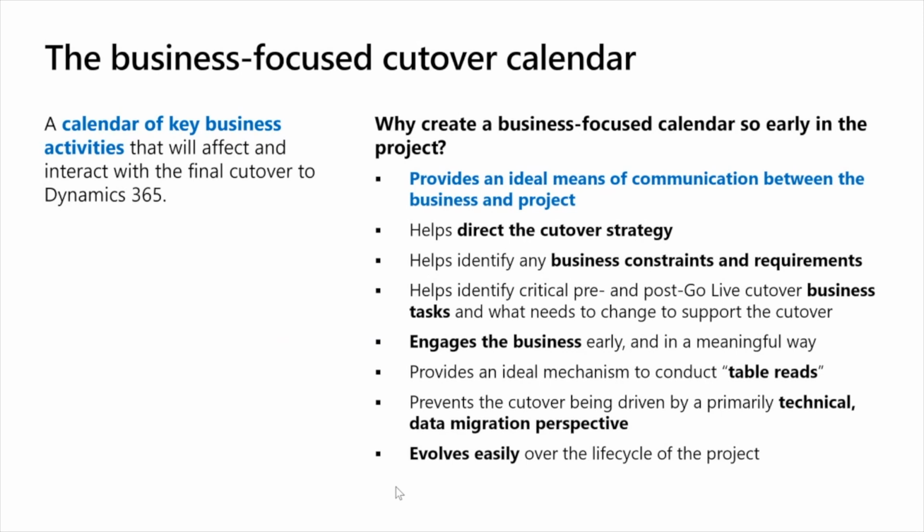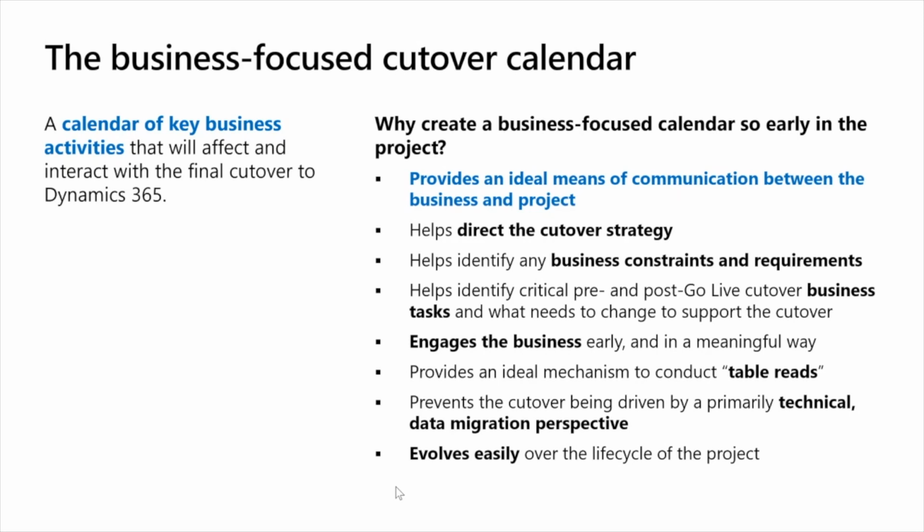It can help direct the cutover strategy because you're now starting to understand the constraints and the requirements within which that data, that final data migration, that final cutover needs to happen. It allows the project to talk about things to the business that the business may not be aware of, and vice versa.